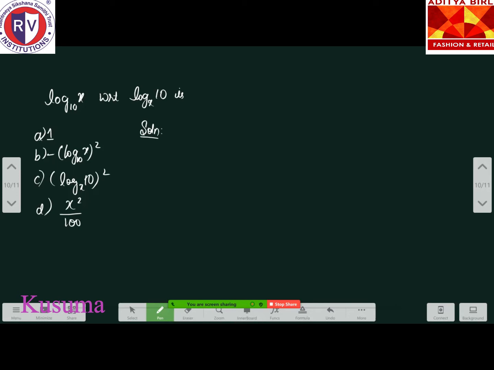Now, let us take this log 10 to base x as some t. By the properties of logarithms, log 10 to base x can be written as log 10 by log x.